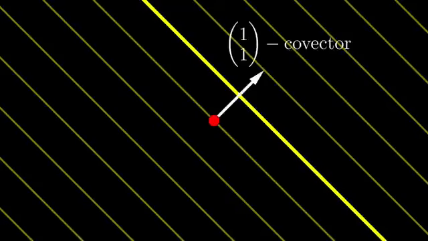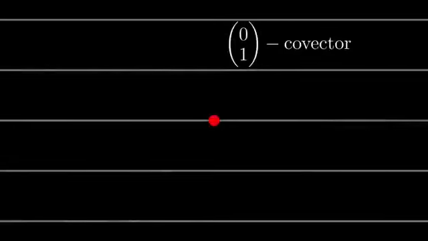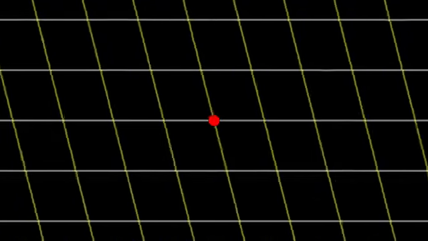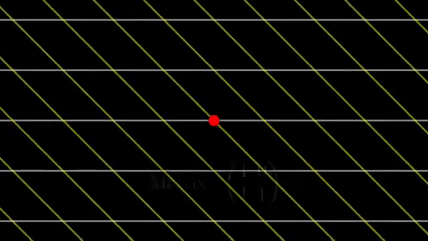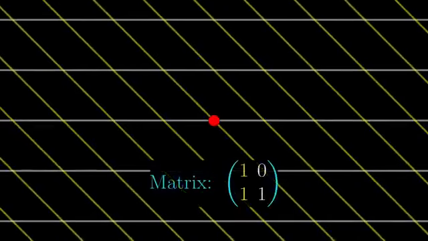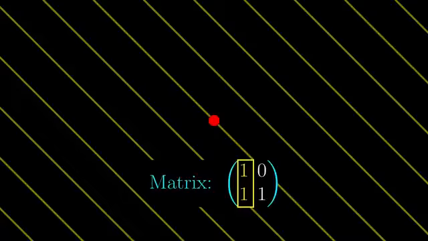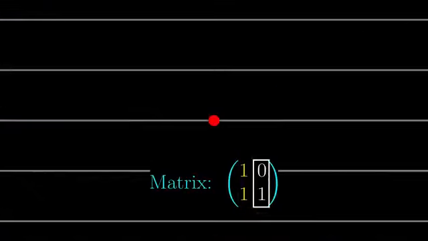On the other hand, the 0, 1 covector is unaffected by the left shear, so it stays a 0, 1 covector. So this so-called left shear should be represented by this matrix, because the first column tells us that the 1, 0 covector has transformed to this 1, 1 covector, and the 0, 1 covector has just stayed put, still being the 0, 1 covector.